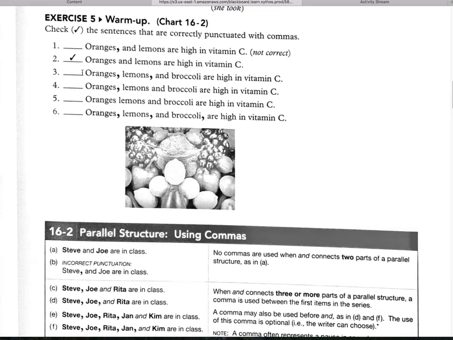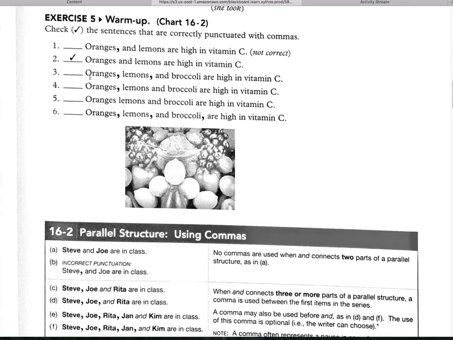Number 3. Oranges, comma, lemons, comma, and broccoli are high in vitamin C. That is correct because you have 1, 2, 3 nouns. When you have a series of 3 or more, you use commas.